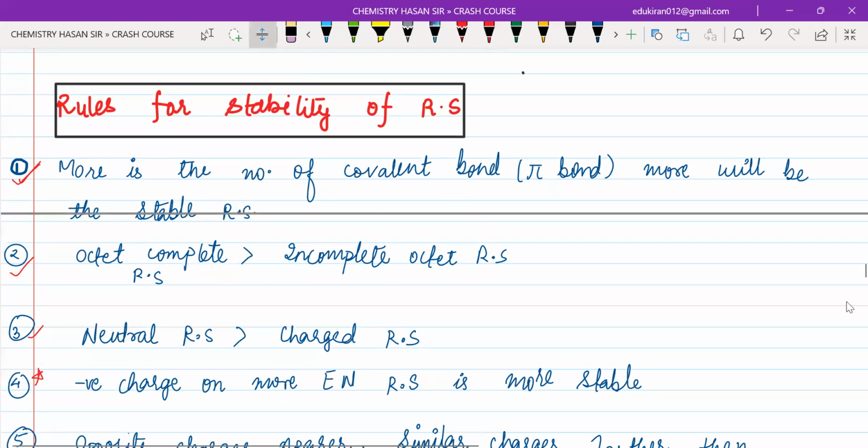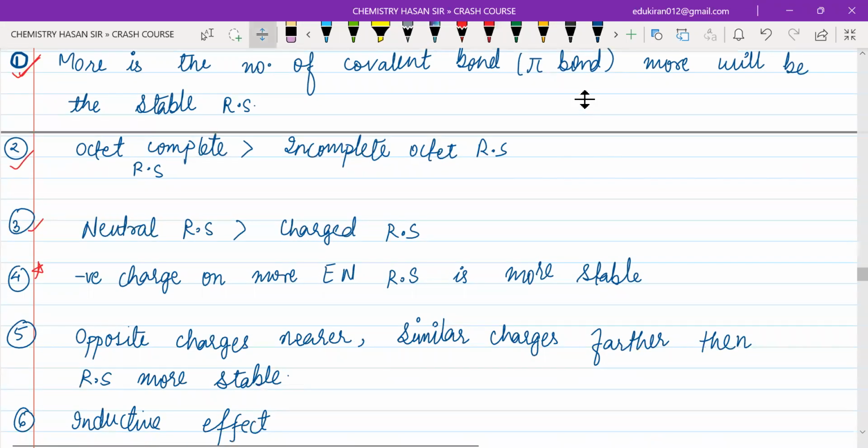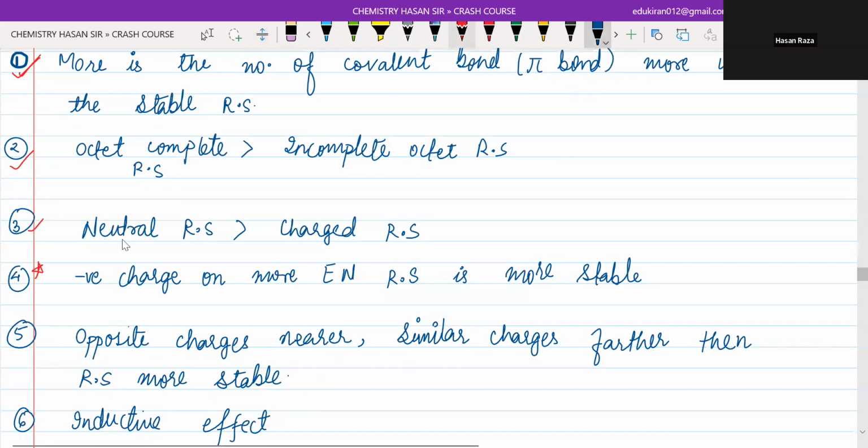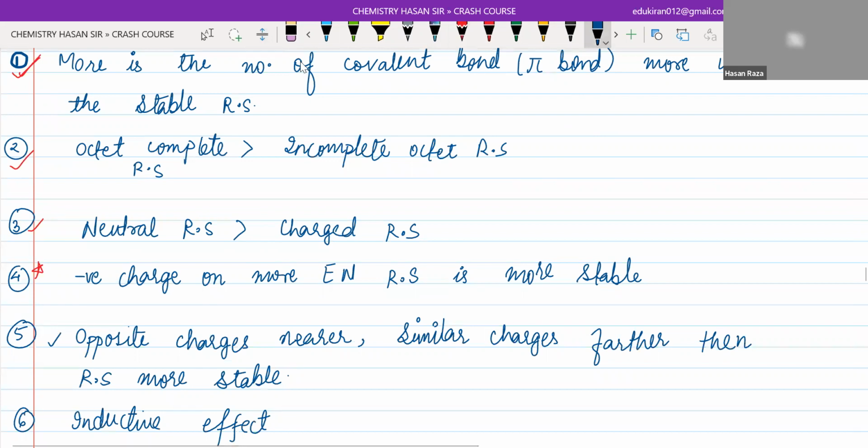And the fifth one is opposite charge. Opposite charge nearer is more stable than same charge nearer. That means if in a resonating structure opposite charges are nearer, that will be more stable. And if the charges are similar, there should be a gap between them.